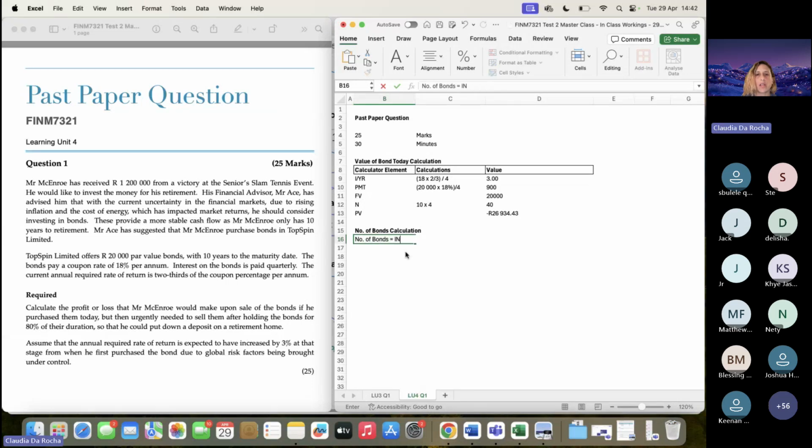It's your investment value divided by your value of bond today. Okay, so what do I mean by that?